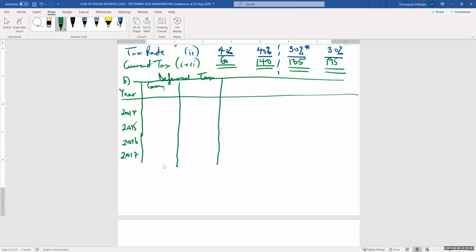We need to compare our carrying amount with our tax base. All figures in thousand.